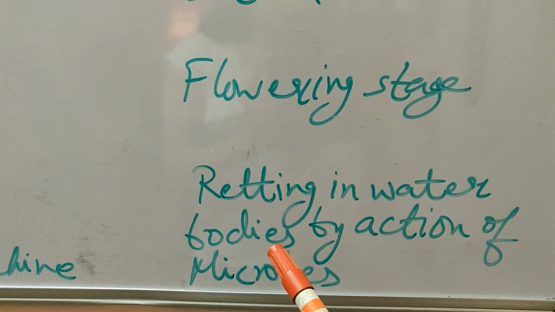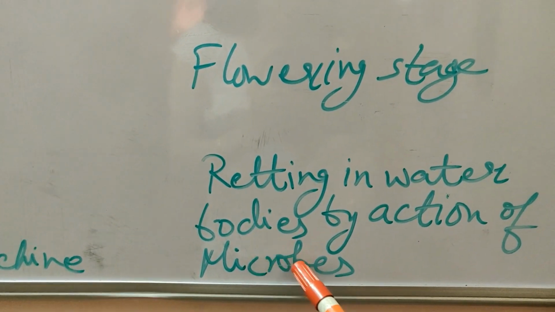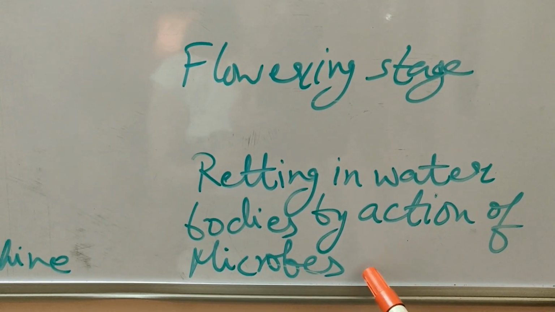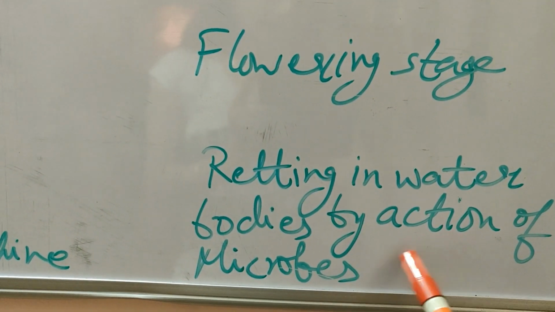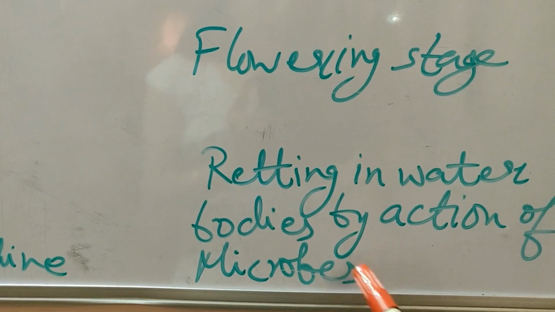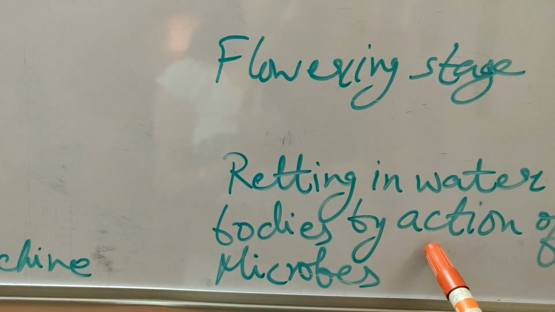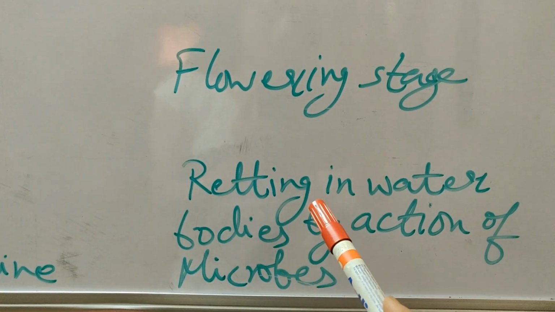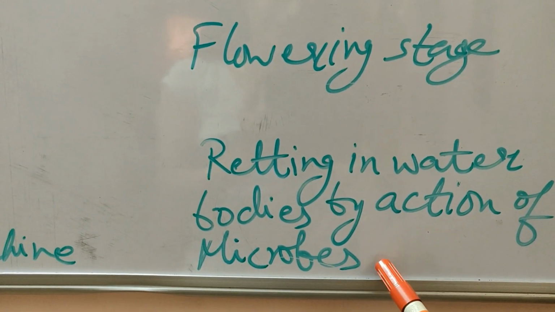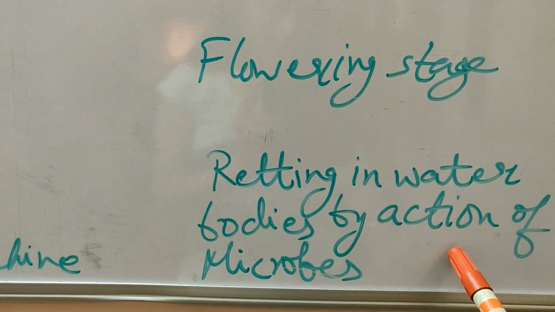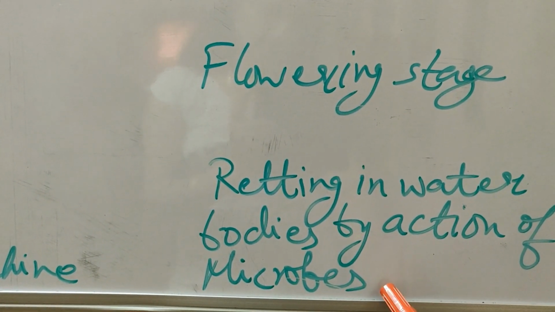So what happens? There is action of microbes on the stems of the plant, and this separates the fibers, and they are then taken out by hand. So this process is called retting. Actually, here rotting of the stems is being done by the action of microbes. Then the fibers are separated by the farmers by hand, and that way it is obtained.